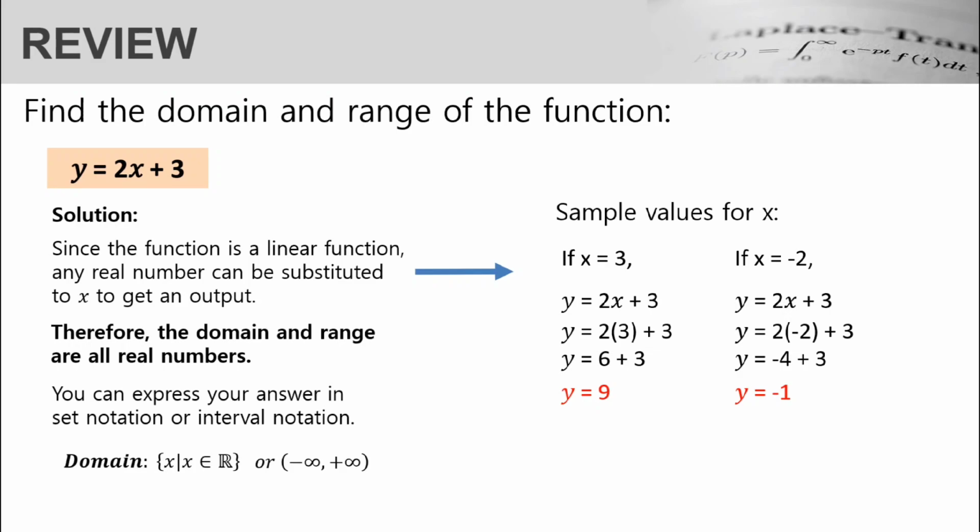Domain is the set of x values such that x is the set of all real numbers, or in interval notation, that is negative infinity up to positive infinity. For the range, it is the set of y values such that y is the set of all real numbers, or in interval notation, that is negative infinity up to positive infinity.